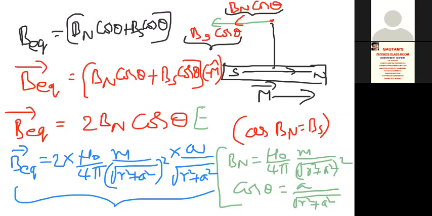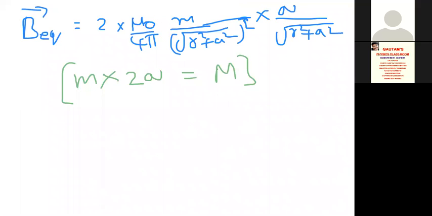You must not forget the direction, we require it. Everywhere I have to substitute minus m cap, so let me write it here also, in the numerator.